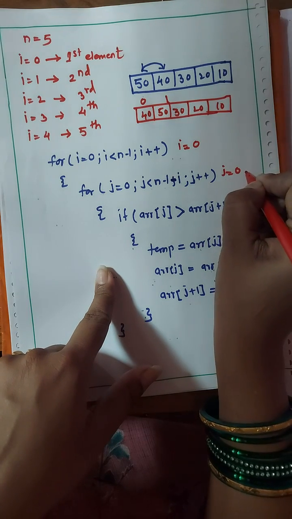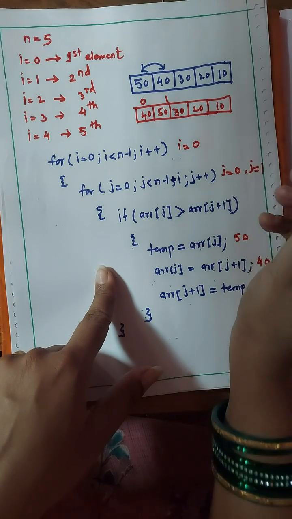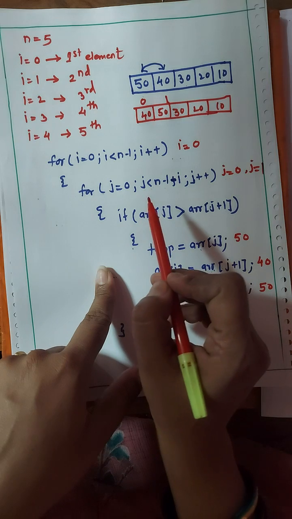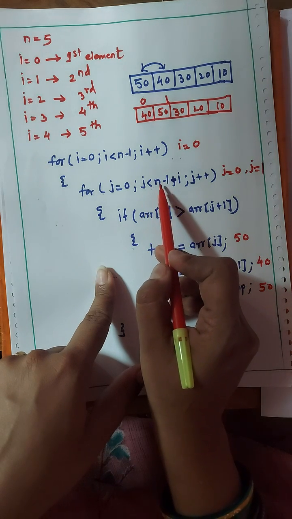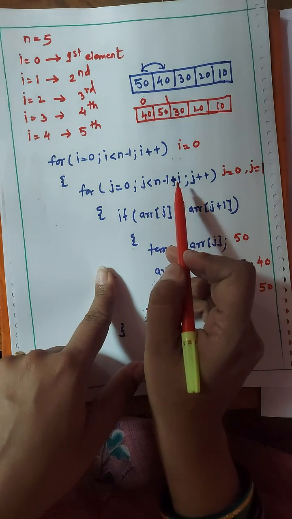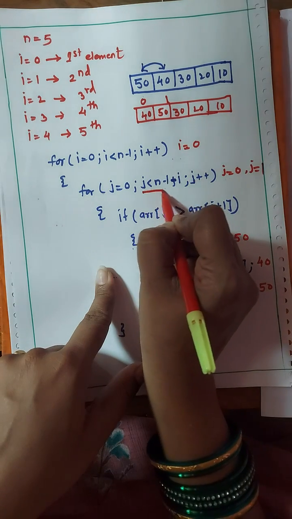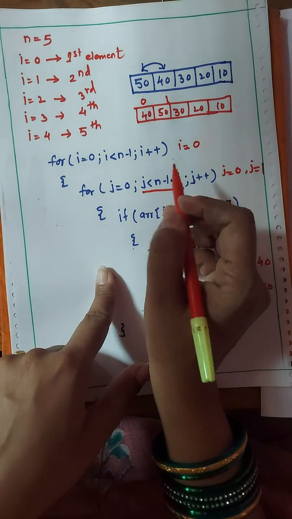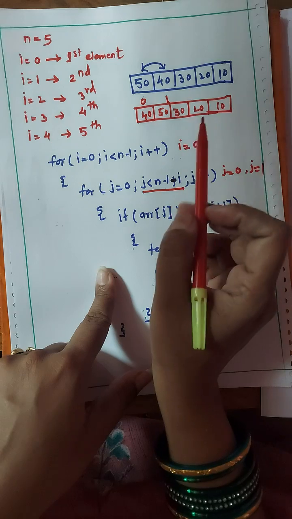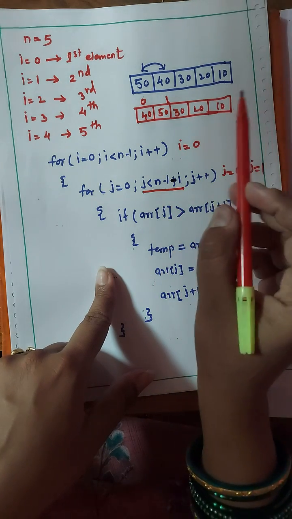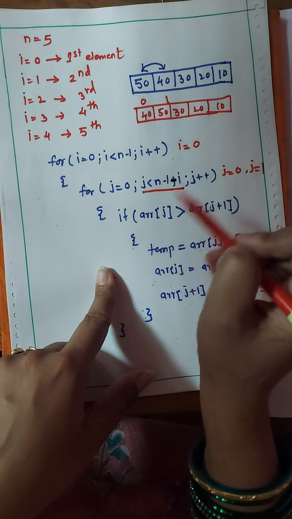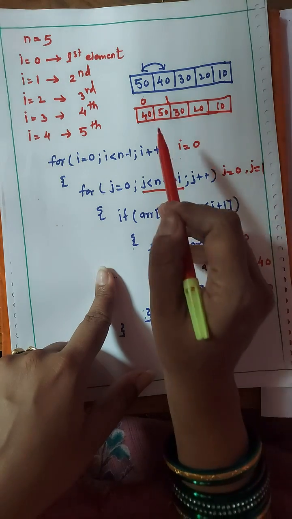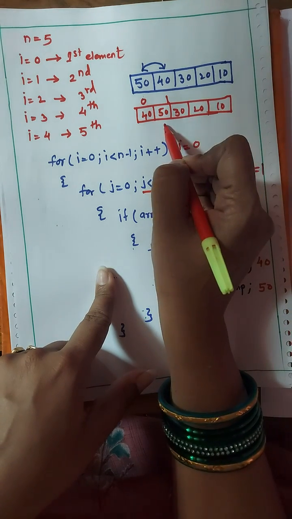Now the value of j equals 1. It will again check j is less than n minus 1 minus I. When j equals 1, the value there is 50.